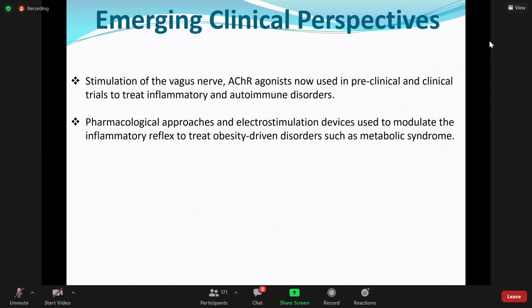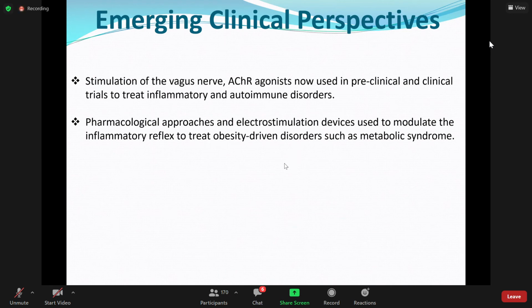So based on the current concepts in neuroimmunology, a number of strategies are being developed to see whether we can modulate the immune response through the nervous system.